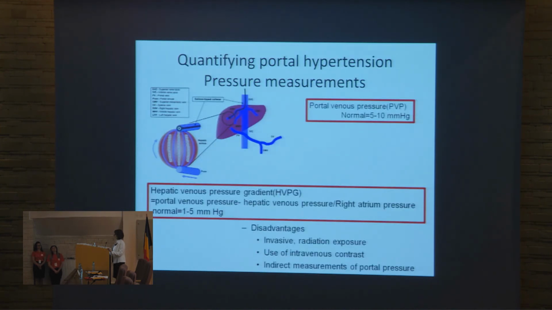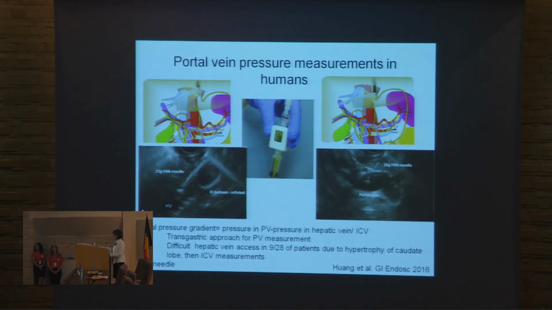What about portal hypertension? Because this is a very, very important aspect in hepatology, and we are all very used to the measurement of hepatic venous pressure gradient, which is quite uncomfortable for the patient with radiation exposure, and in fact it's not a direct measurement of the portal pressure.